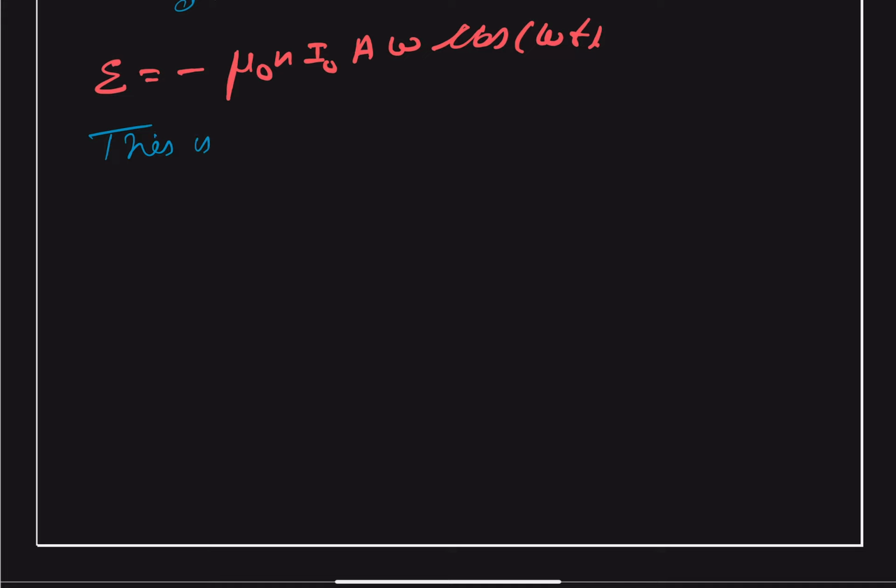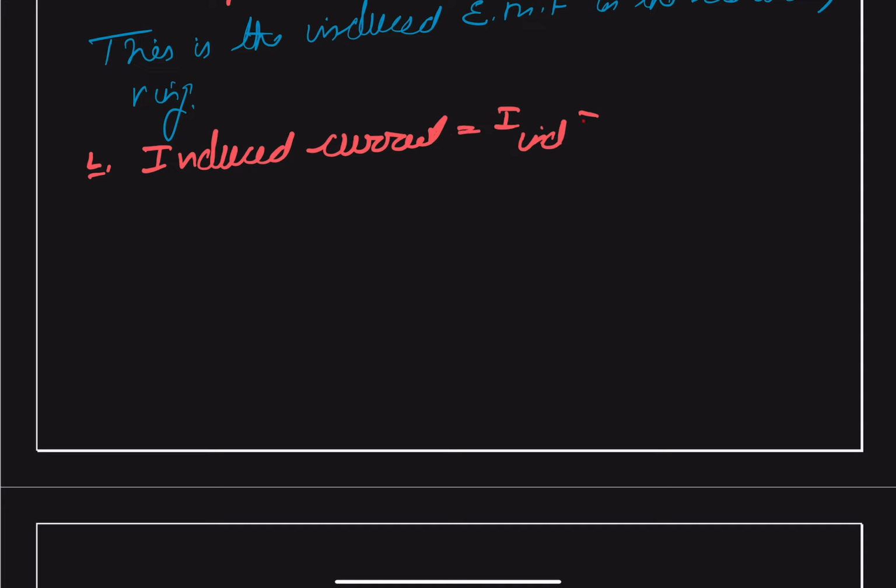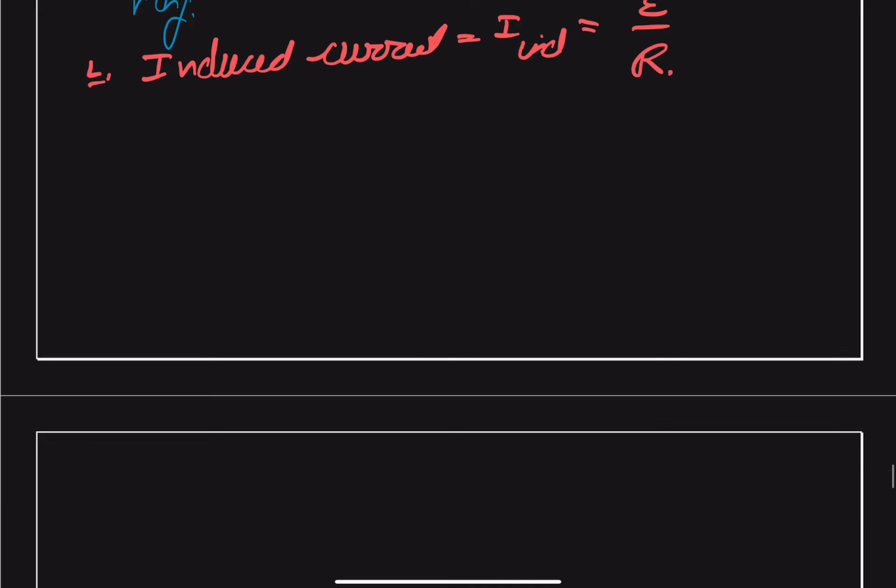This is the induced EMF in the conducting ring. Now this will result in induced current. So you can say induced current I induced will be equal to induced EMF divided by resistance, where R is the resistance of the conducting ring.